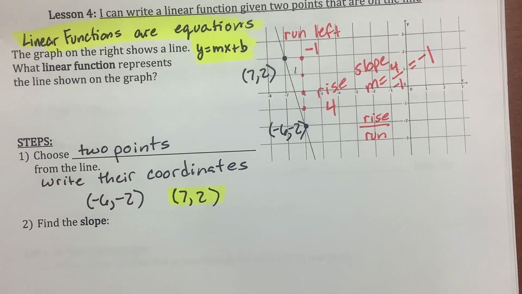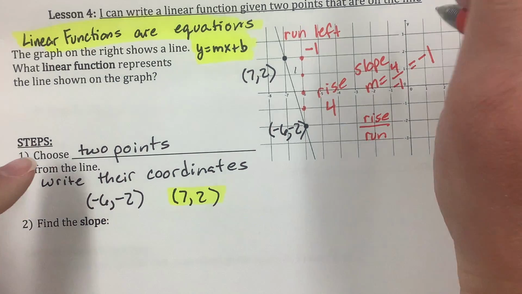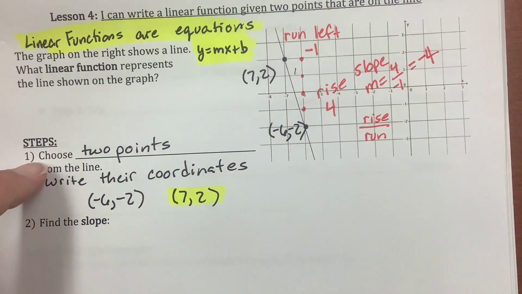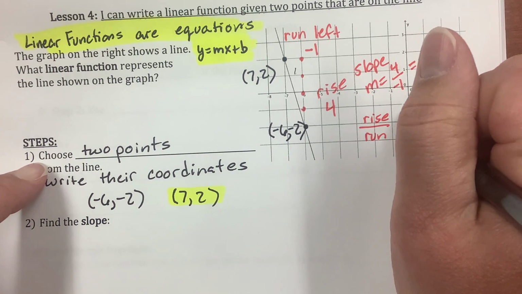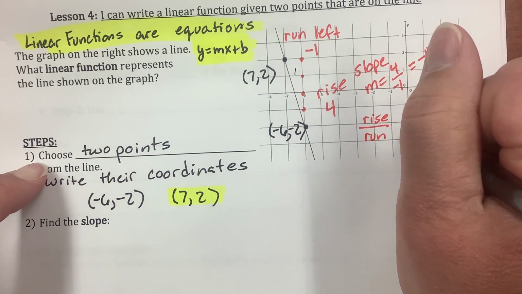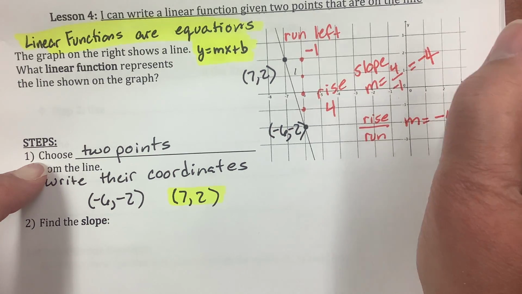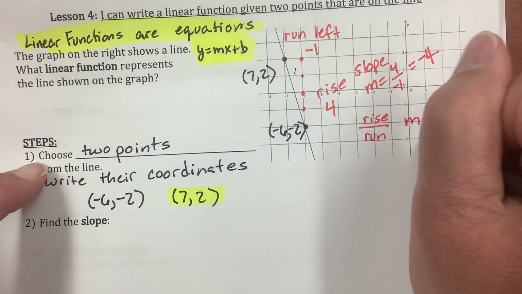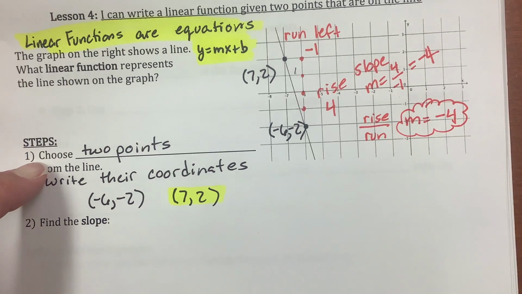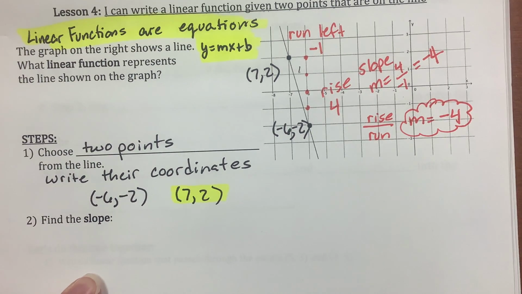I want to teach you how to do it if you don't have the graph to count the boxes. So I'm going to show you how to do it using the slope formula.